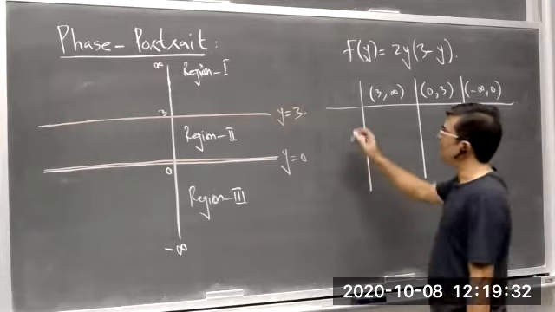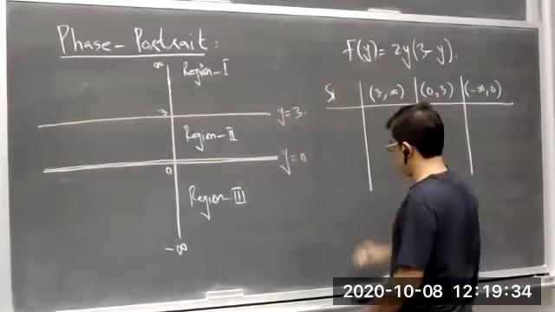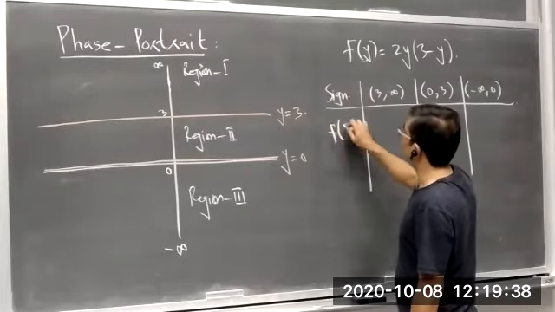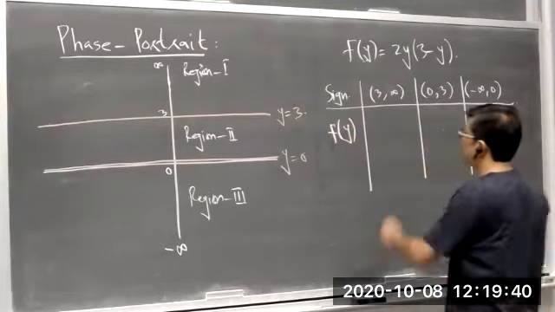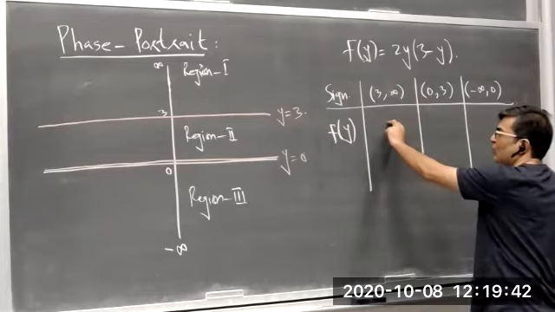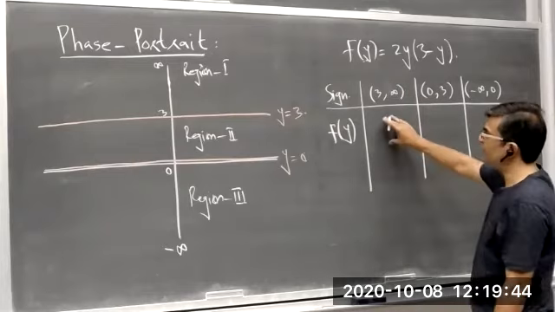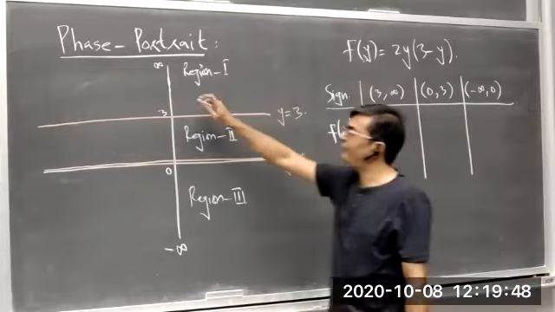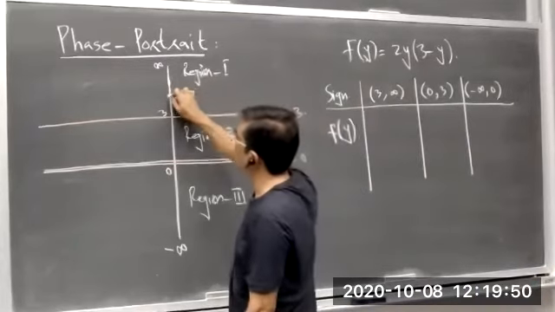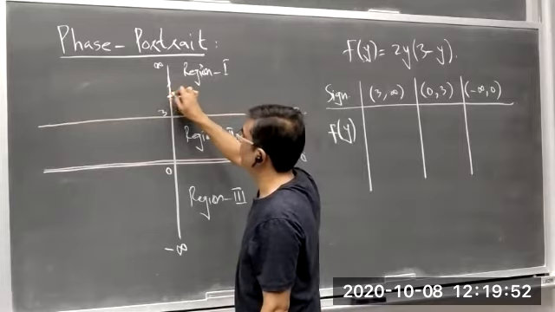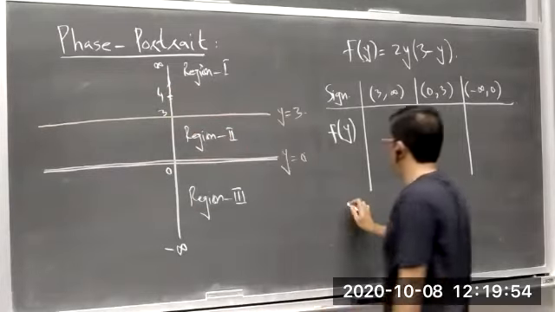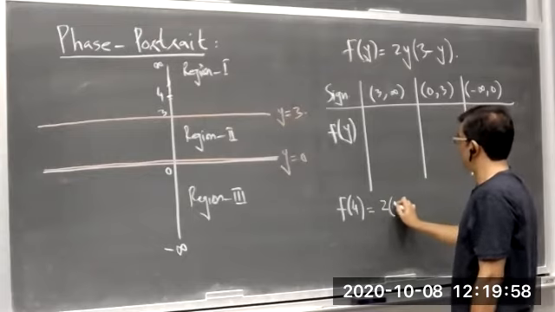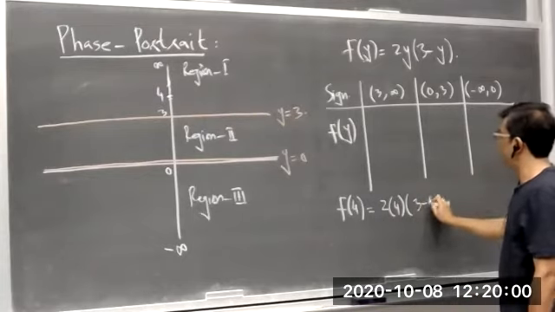Now look at the sign of f of y in these regions. Will the sign of f of y be positive or negative? We have to compute the value of f of y at some point here. For example, calculate the value at 4. What is f of 4? 2 into 4 and 3 minus 4.